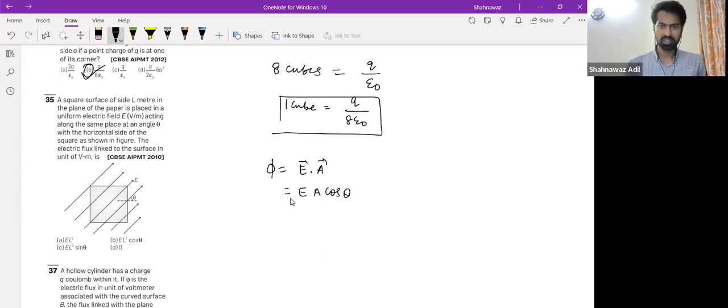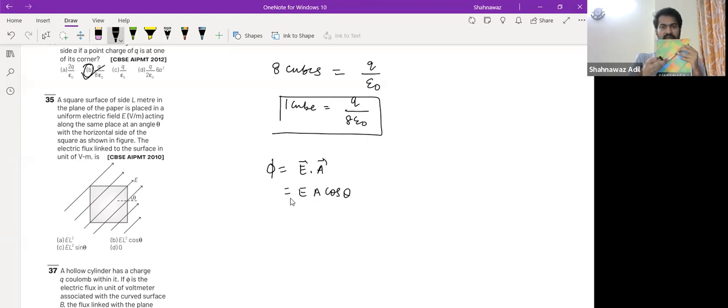Aisha, you tell me what is the angle between the electric field and the area vector? You have this electric field which is along this plane, and this is my area vector.